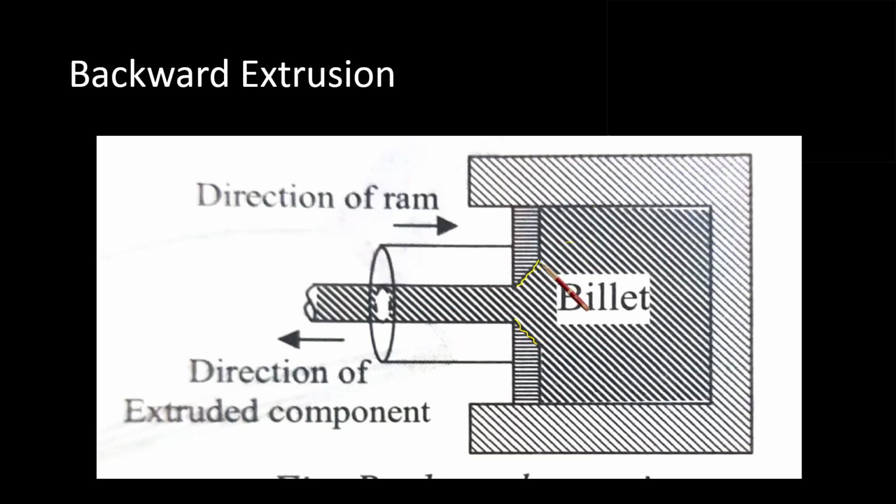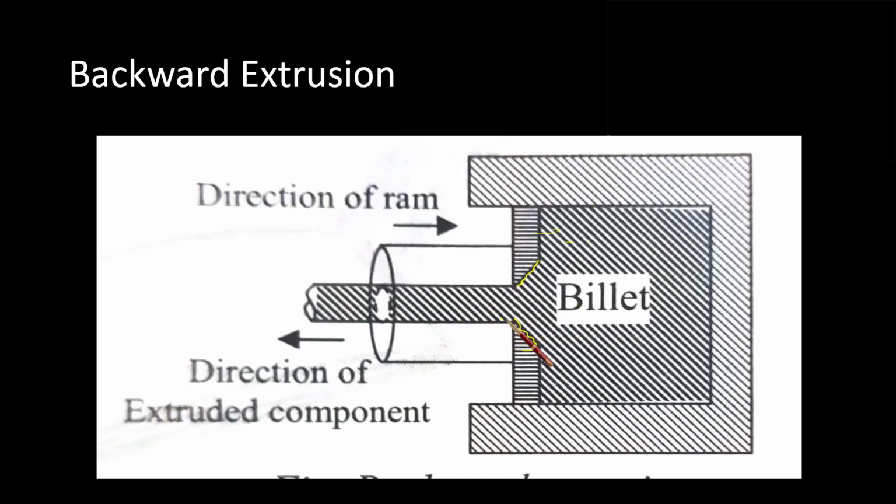But the problem with backward extrusion is, first of all, the area of the plunger or ram is reduced. Are you getting? Only this much area is applying force, so the force application will be limited. Second, it has to be fixed centrally, because the force is very high, and if it is shifted somewhere, the piston will apply more force in this direction and less in that direction, and that is not good for the die.